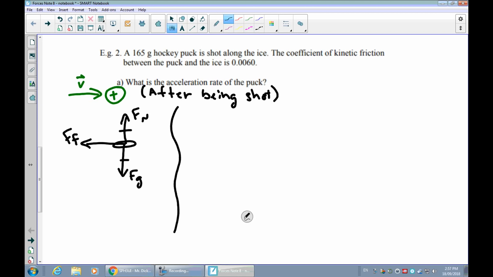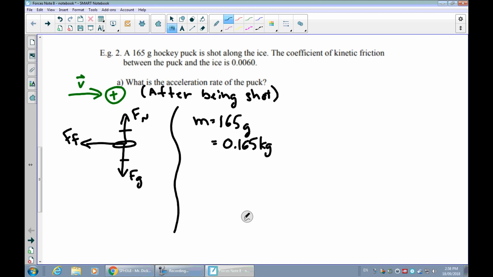We always start with givens and required. So we know that the mass of the puck is 165 grams, but remember, eventually if we use this in our calculations, it needs to be in kilograms. So if you do a little bit of a conversion, there's 1,000 grams in a kilogram, so we divide this number by 1,000, and it's 0.165 kilograms.